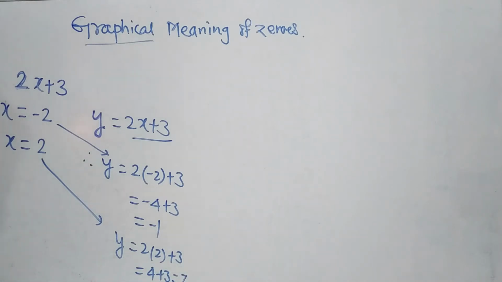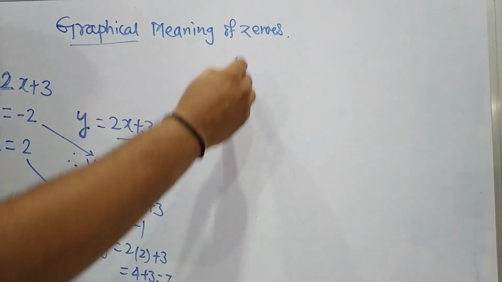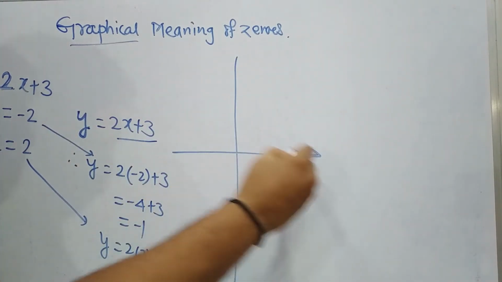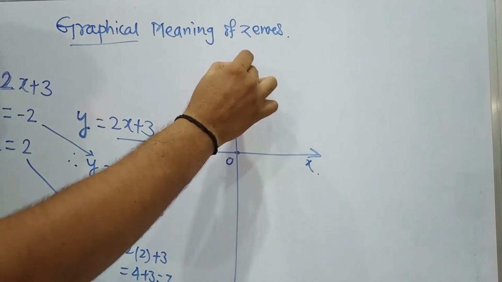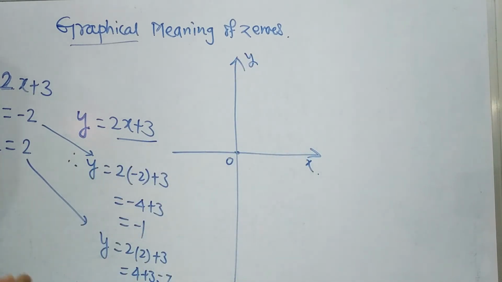Now if I plot these points on the graph, here is the origin, this is the x-axis and this is the y-axis. So my first point is for x equal to minus 2, y is minus 1. So minus 2, minus 1, and the second point is 2 and 7.